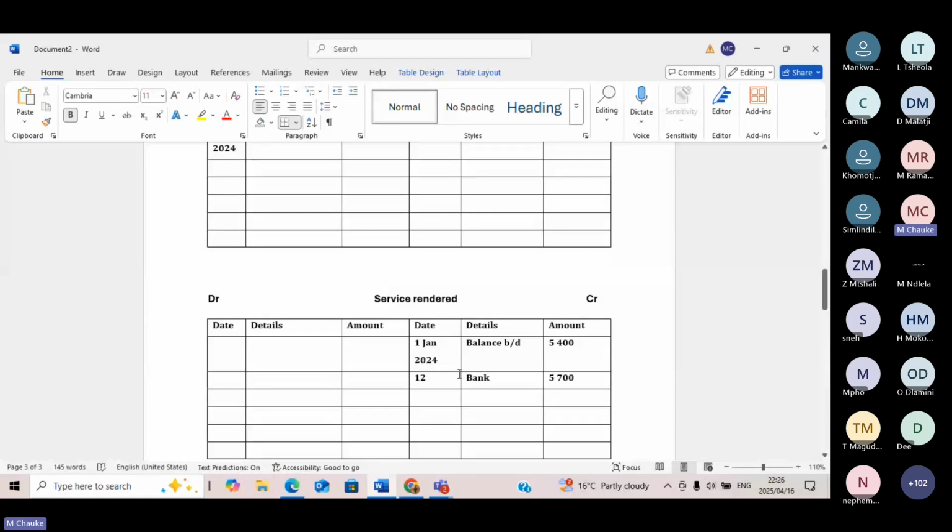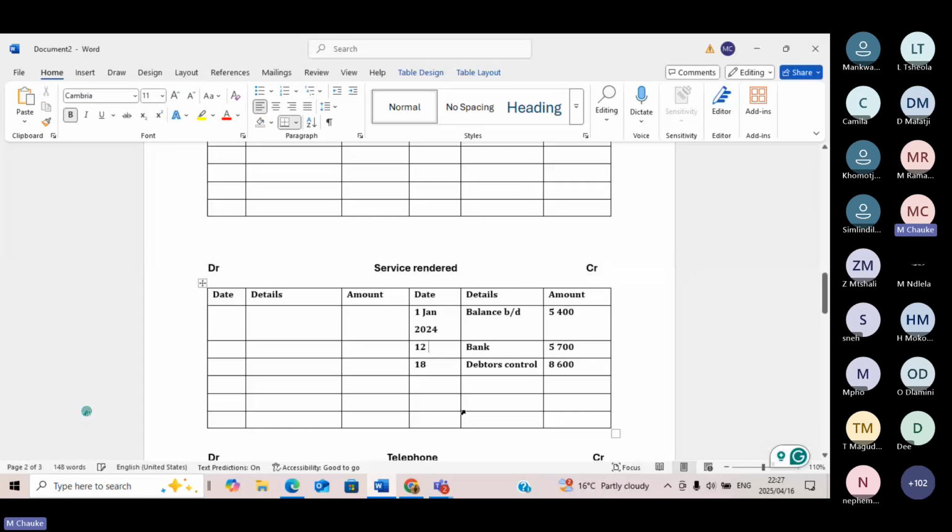You say debtors control, 8,600, date 18. Right? So there's an increase in service rendered due to debtors control of 8,600, and there's an increase in your debtors due to service rendered of 8,600. I don't know if you guys follow.